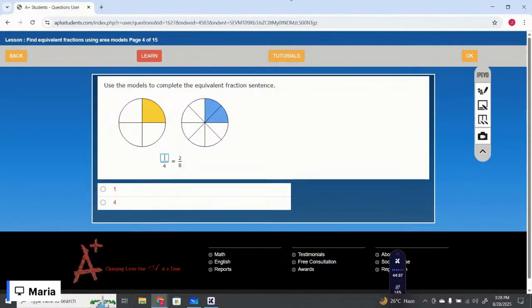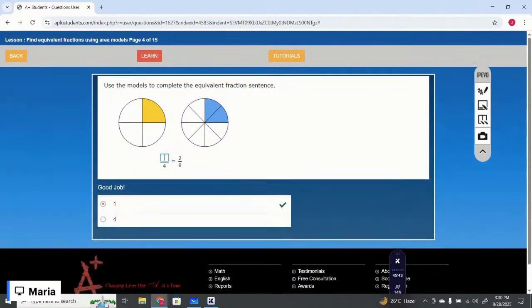Use the models to complete the equivalent fraction sentence. 2 out of 8 equals, that is 1 out of 4.